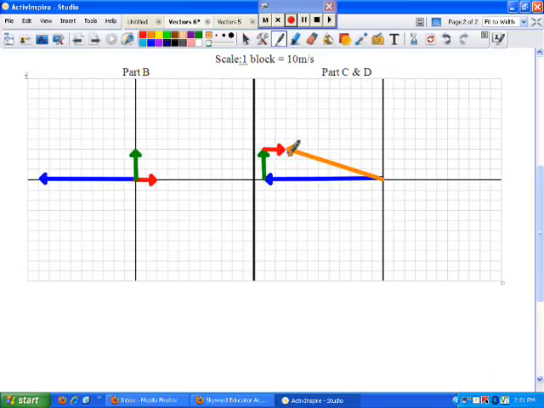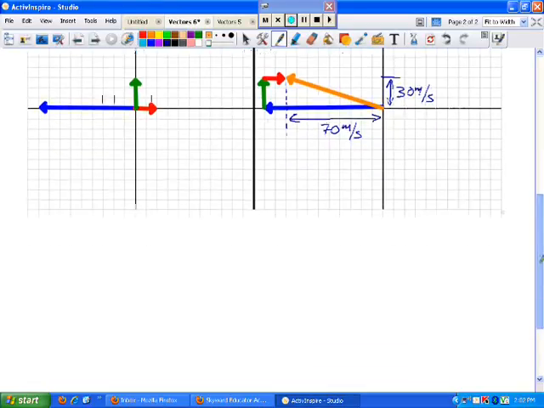Part E asks me to determine the resultant velocity of the jet. So to do that, we need to understand and know how long in the x direction our resultant vector is, or what component, and that is 70 meters per second, and then how high it is in the y direction, which we know to be 30 meters per second.